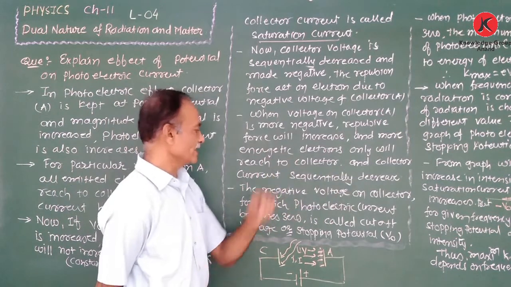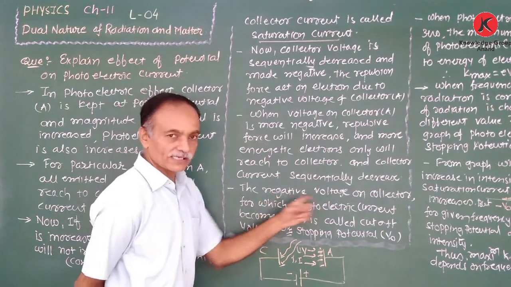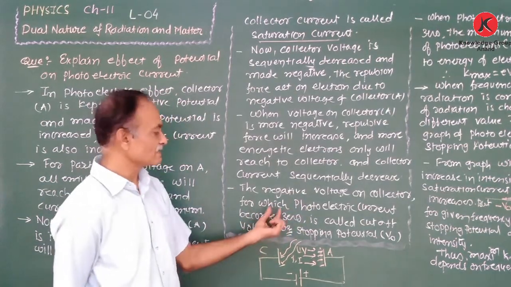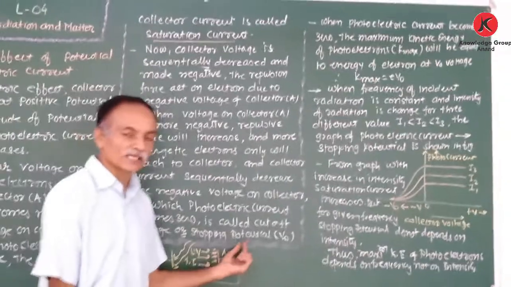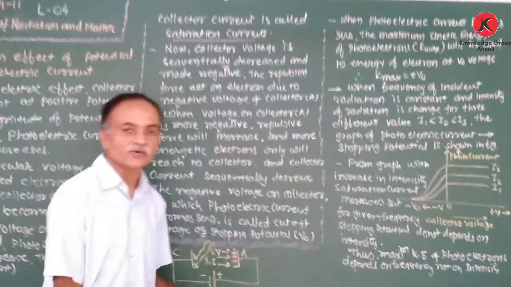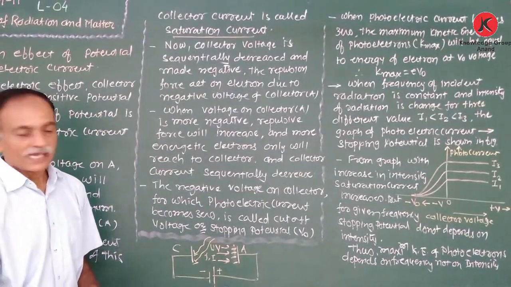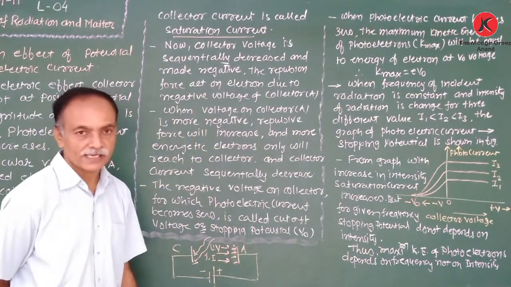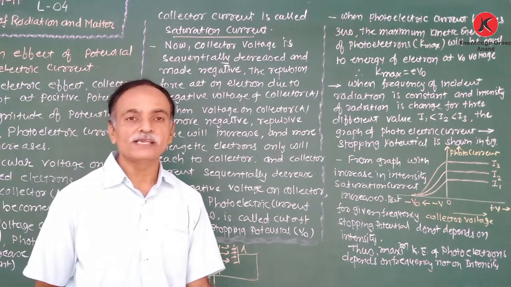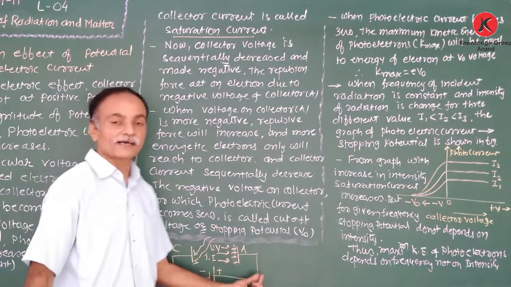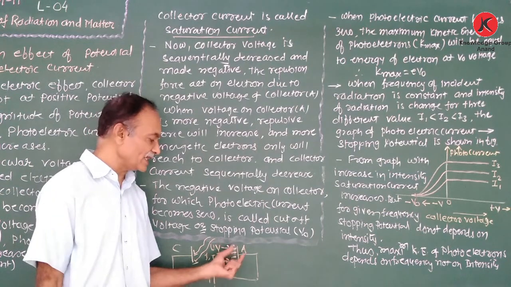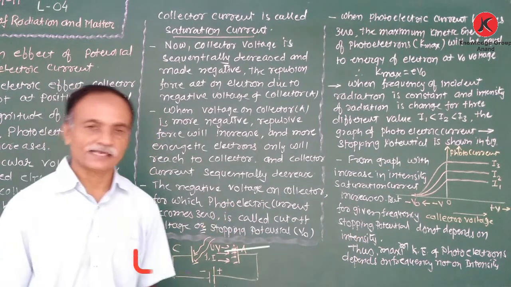and the collector current decreases. The negative voltage on the collector, for which the photoelectric current becomes 0, is known as the cutoff or the stopping potential. It is denoted by V0. If we further increase the negative potential on A, for a particular negative voltage the photoelectric current becomes 0, that means no electron can reach the anode or the collector.